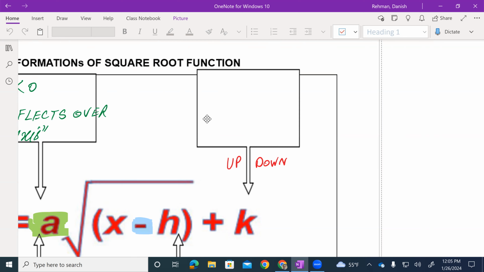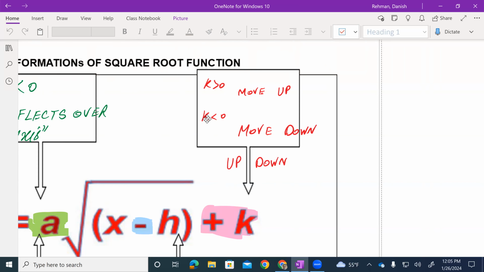The square root finishes at h; k is out of the square root. When k is greater than 0, it will move the function up. And if k is less than 0, that will move the function down.